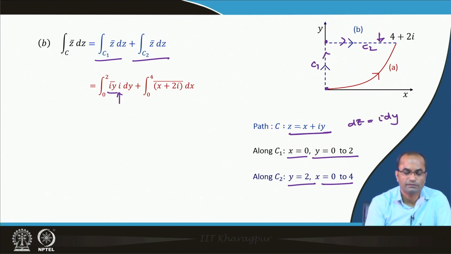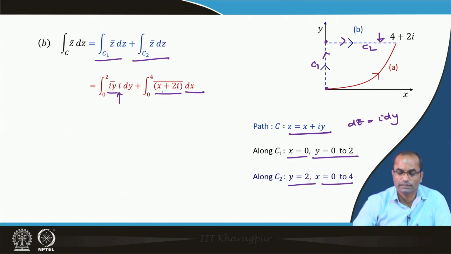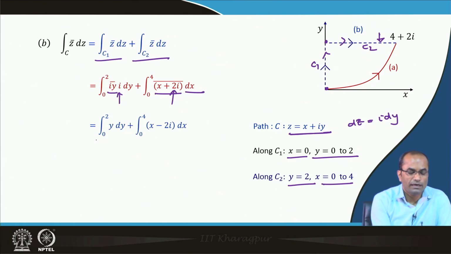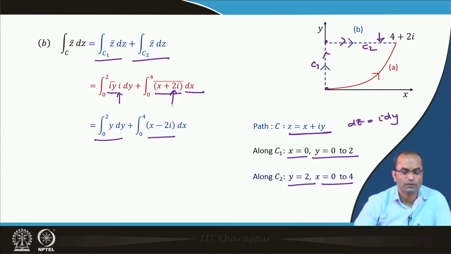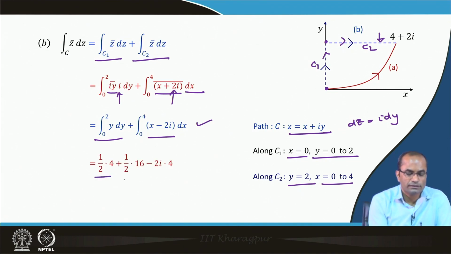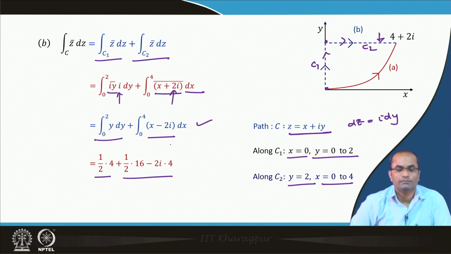In the second case, dz will be just dx, and we substitute for z, because y is fixed at 2 there: x + 2i, and along this dx we can vary. Here we have y dy, because i with −i will become 1, and you have x − 2i over this dx. This integration can easily be performed.